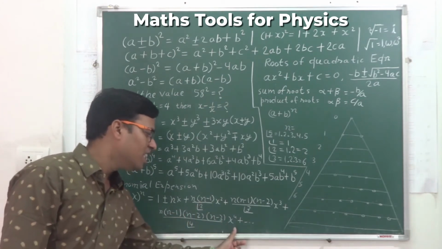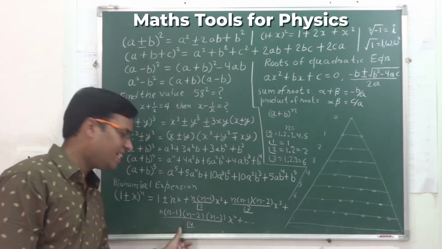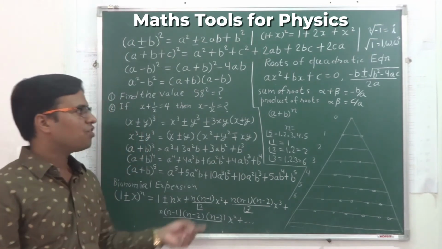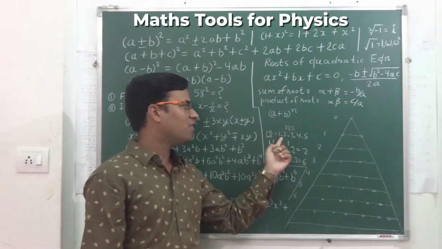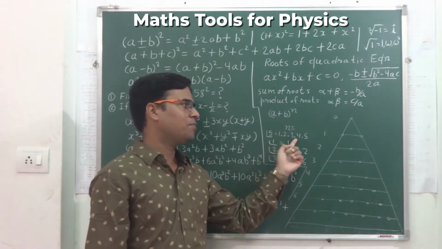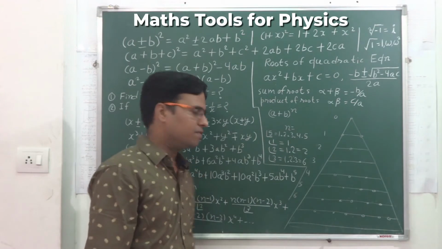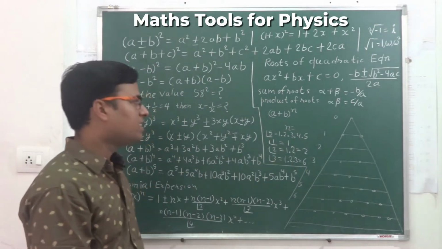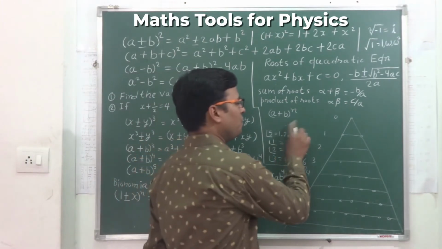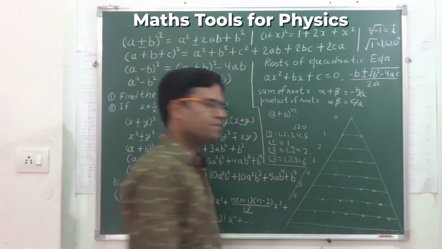Here we have x power 4, so here it is 4 factorial. If we want to calculate 5 factorial, it is equal to 1 multiply 2 multiply 3 multiply 4 and 5. What does it equal to? It is equal to 120.